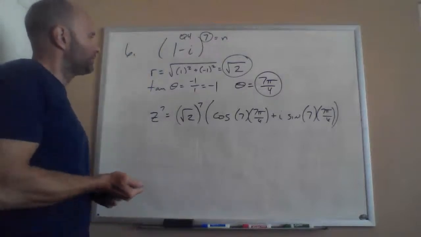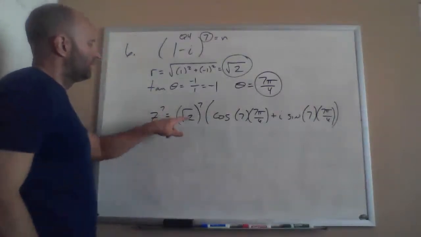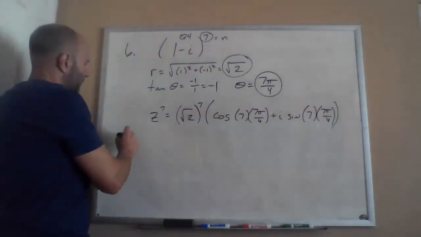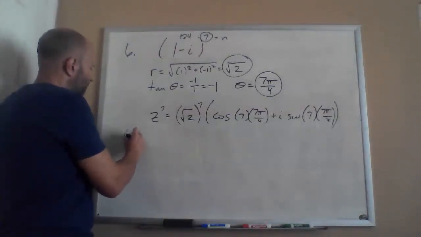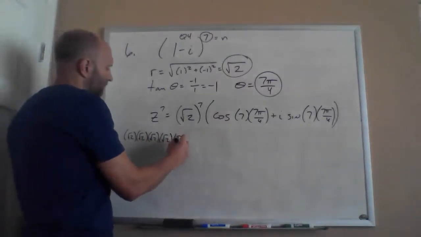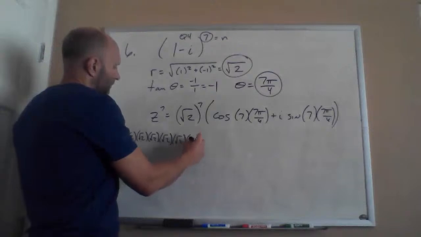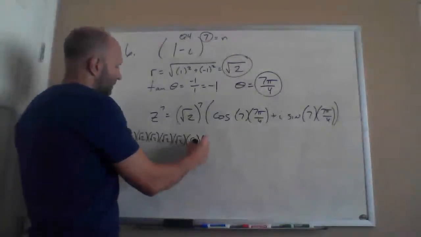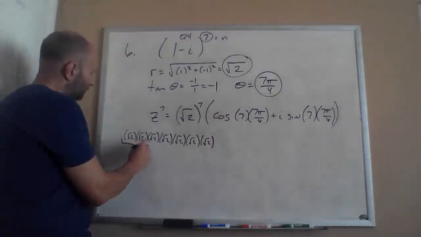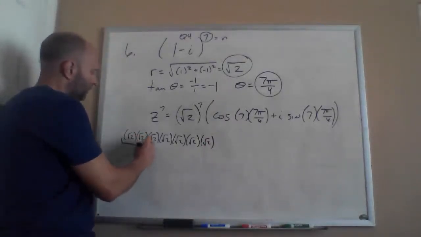Okay, so simplify this. So this guy here, square root of 2 to the 7th power. So this is what? It's root 2 times root 2, 7 times. So square root of 2 times square root of 2 is 2.